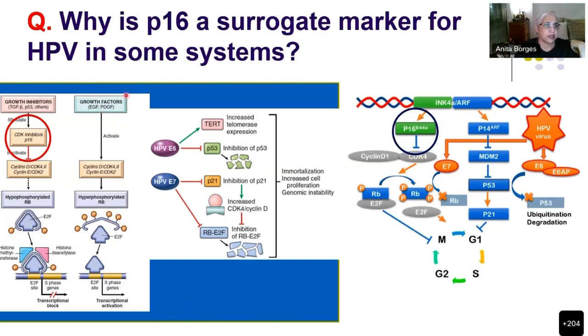What we are seeing over here, where you can see my cursor going all the way from there down to here, is normal, right? If there are growth factors stimulating a particular system in any cell, lots of cells have to proliferate, lots of cells have to function. So there are always growth factors, and those growth factors activate the cyclins.